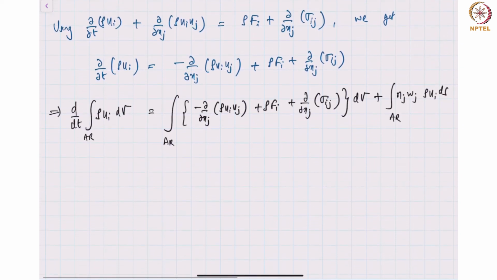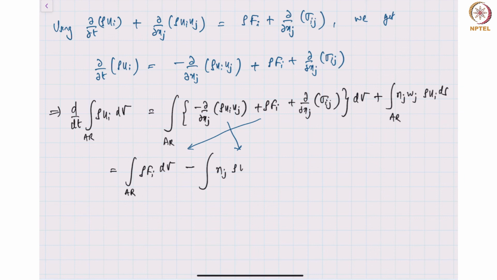Now we can separate them into separate integrals. So we have the body force term. I can use the divergence theorem here. The next is the convective term.